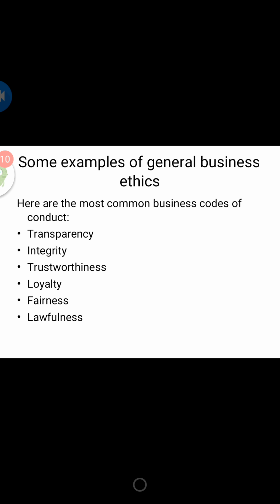At the time of hiring and marketing initiatives, you act in a fair manner. Next is lawfulness, which means abiding by the legal regulations and obligations regarding business activities, like the payment of taxes.